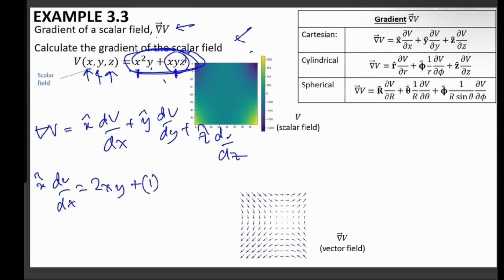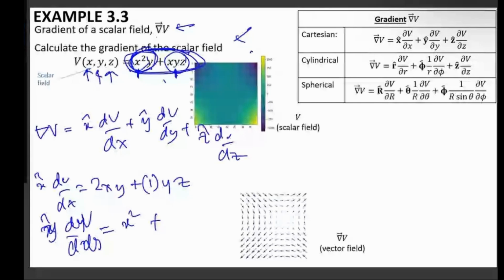Next, dv over dy, with respect to y: y becomes 1, at power of 2, and this one is xz.